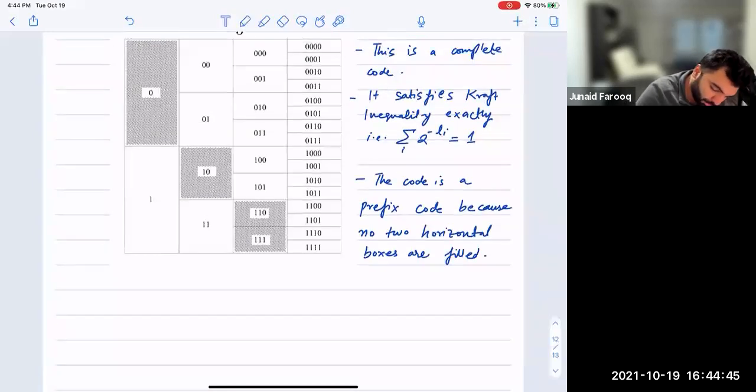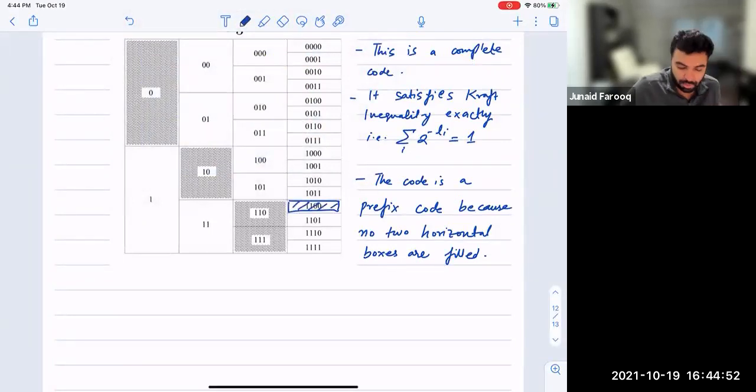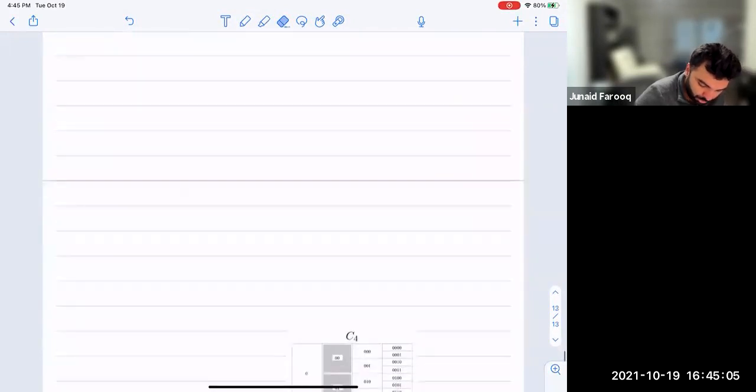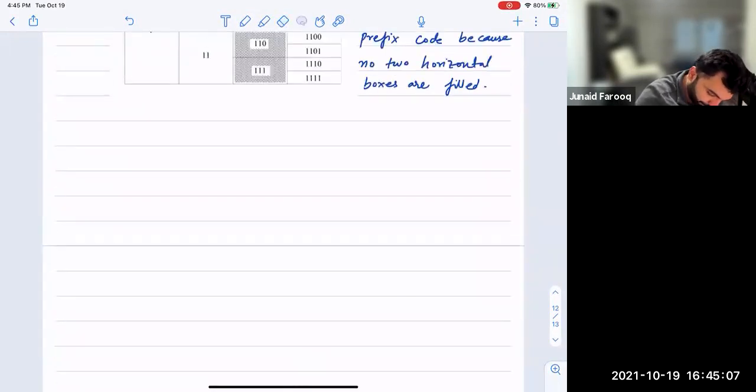So in other words, if I pick this as a code word 2, then obviously it is not a prefix code, because we have picked 2 of them on the same branch of the tree. Okay, now let's look at other examples.